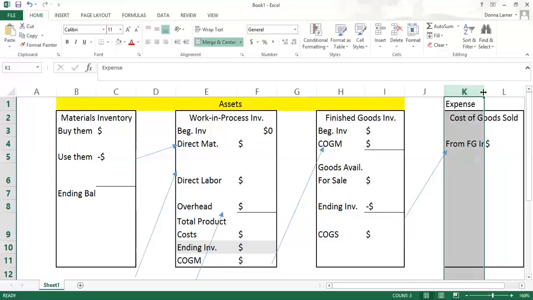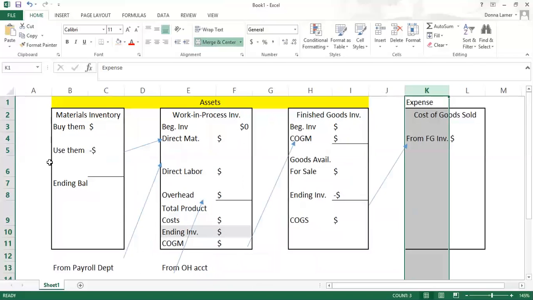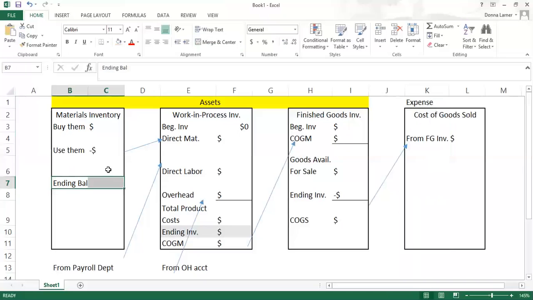So that's the flow of our accounts. When the month is over, we will report on the balance sheet the ending balance of materials inventory, the ending balance of work in process, and the ending balance of finished goods.